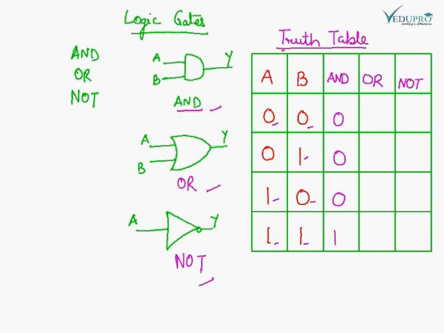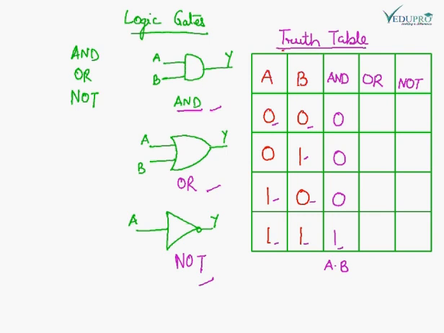So AND gate is, the output is 1 when both the inputs are 1. So we can say the product A dot B is an AND gate. When A and B both are 1, the output will be 1. If either one or both of them are 0, the output is going to be 0.